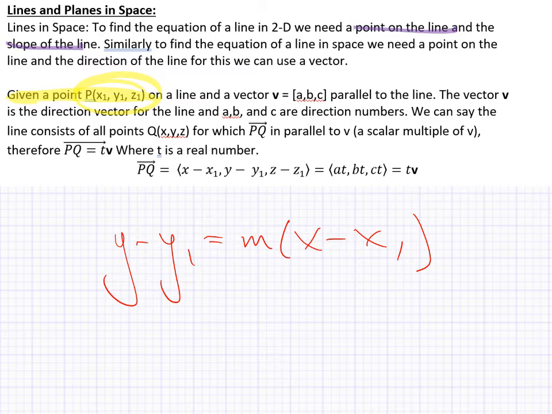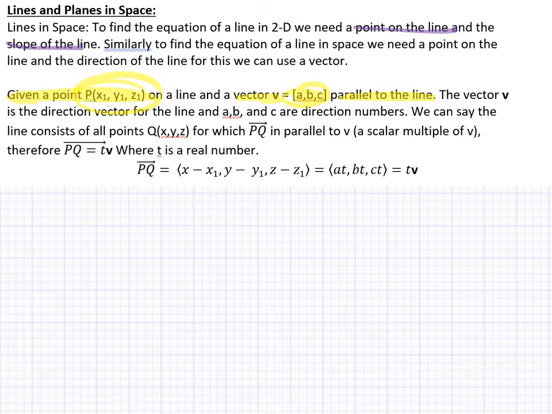And we need the slope, but we don't really have the slope, and we haven't talked about what the slope means in 3 dimensions. So what we're going to do instead is we need a vector, say v, a 3-dimensional vector with components a, b, and c, that's parallel to our line. Again, here's the idea. This is the line we're trying to write the equation of.